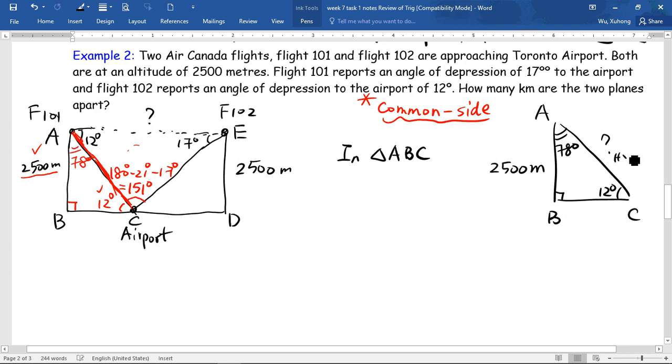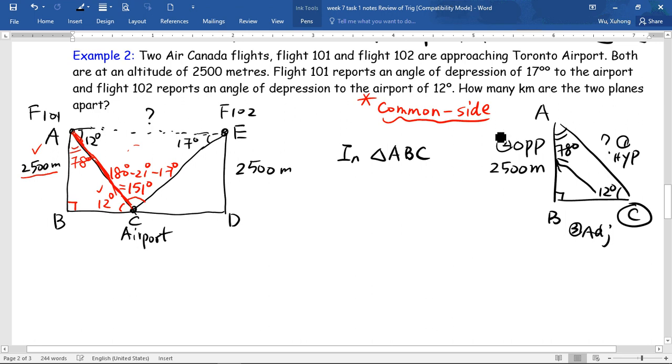So we want to label the hypotenuse. Then we could pick any angle. We may pick this angle to label it, angle C. This is opposite, and whatever is left is adjacent. You could use angle 78 degrees, then this one will be opposite. So pick one angle, then the opposite can be determined. If this is the angle you picked, then this is opposite.